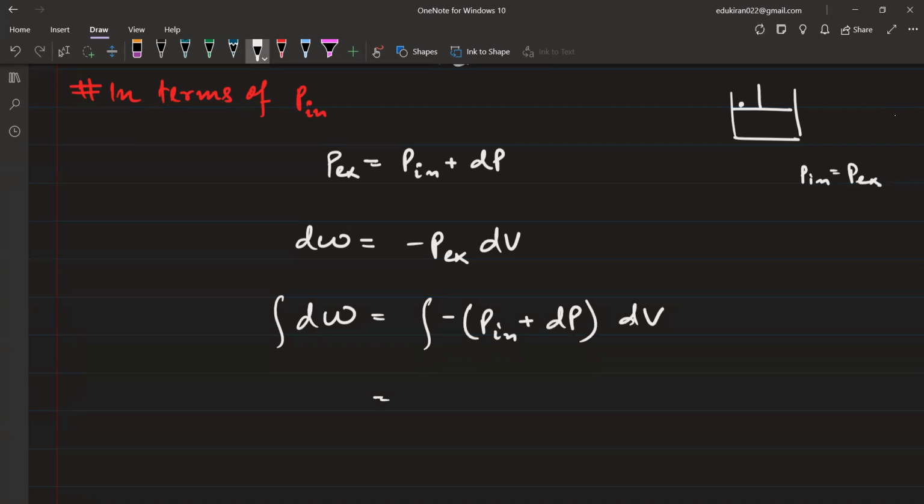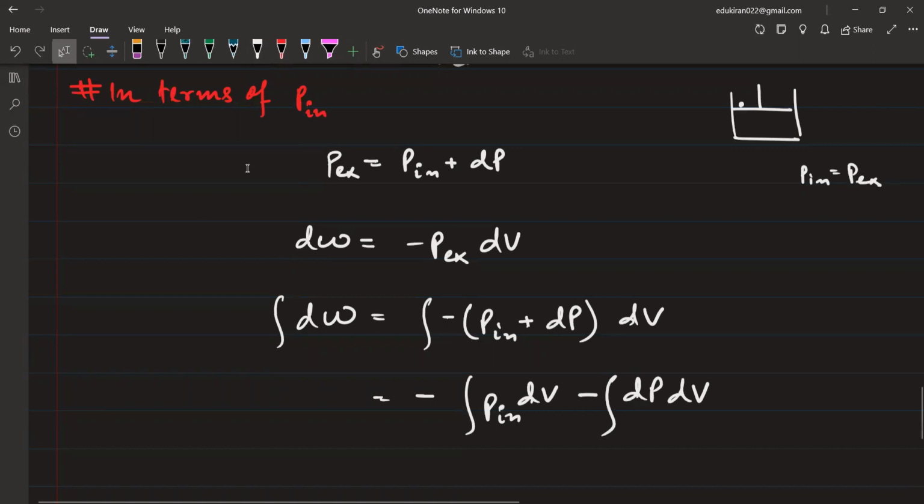Okay, and we will get minus outside, integration of P internal into dV minus integration of dP into dV. So the integration of this complete thing and the integration of this thing also.